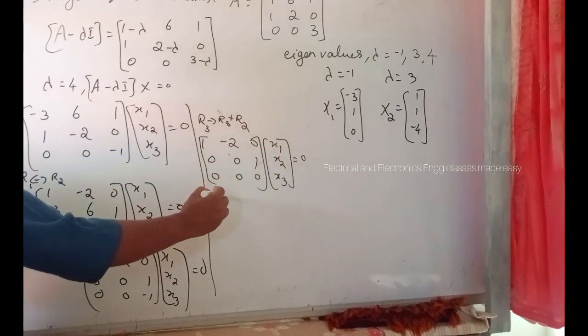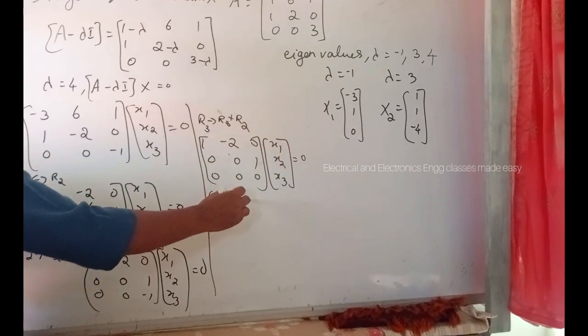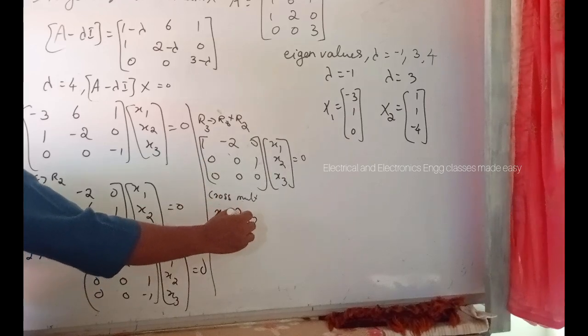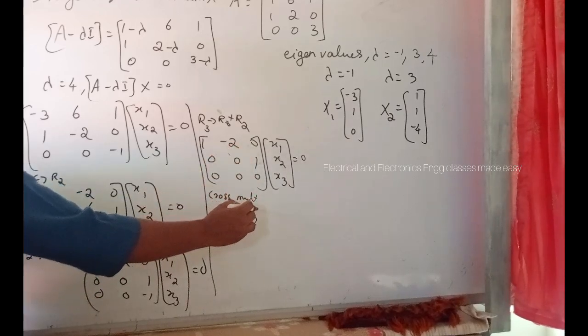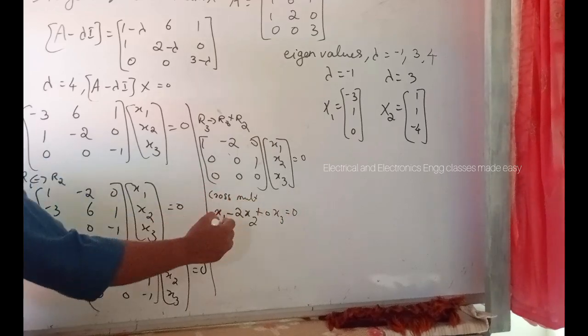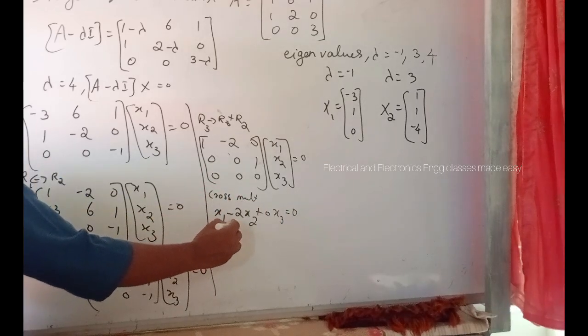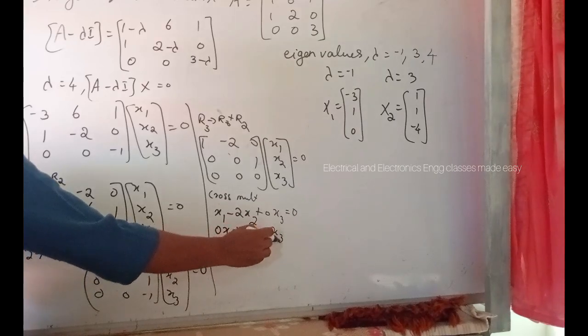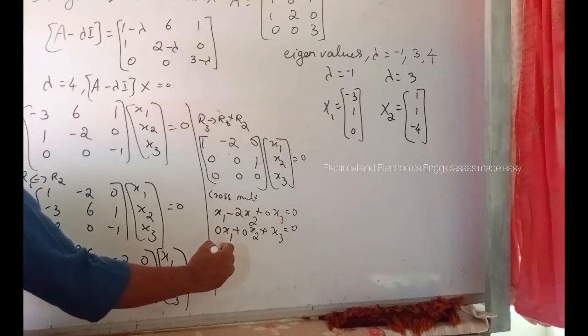Now here also we can go for cross multiplication. That is, here we can write x1 minus 2x2 plus 0 x3 equal to 0 and 0 x1 plus 0 x2 plus x3 equal to 0. Then what is x1?